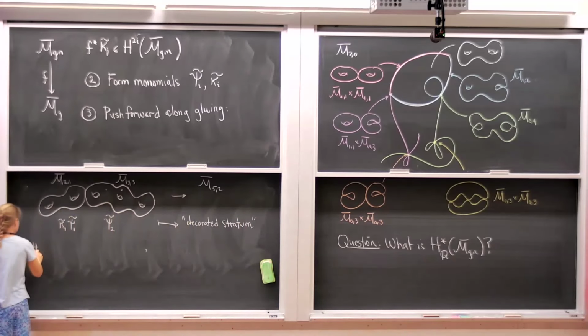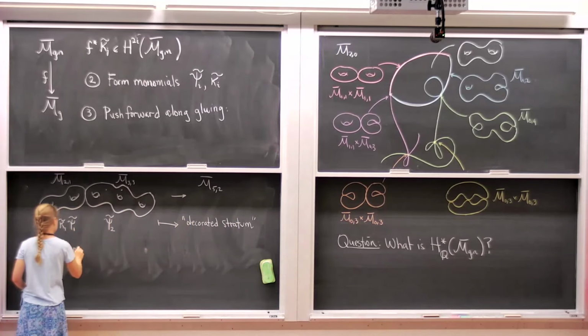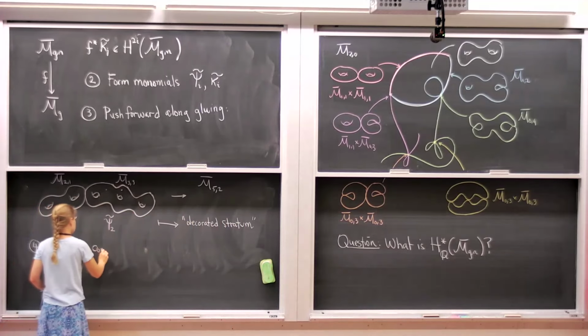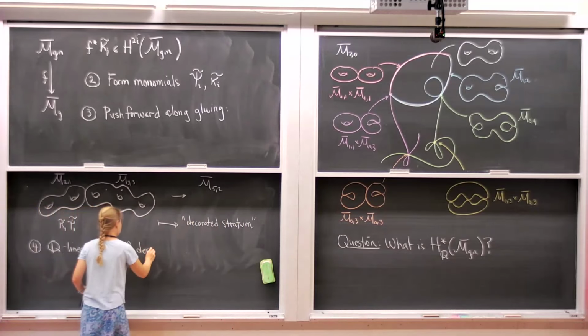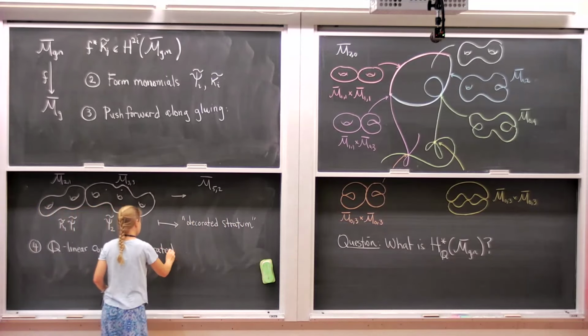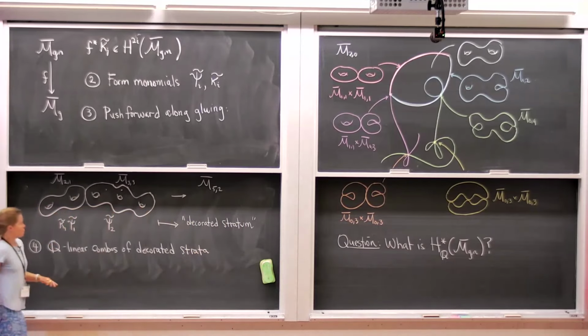And the fourth and final step is that I get to take Q-linear combinations of decorated strata. And when I do this, it turns out that the collection of classes I get is already closed under multiplication.